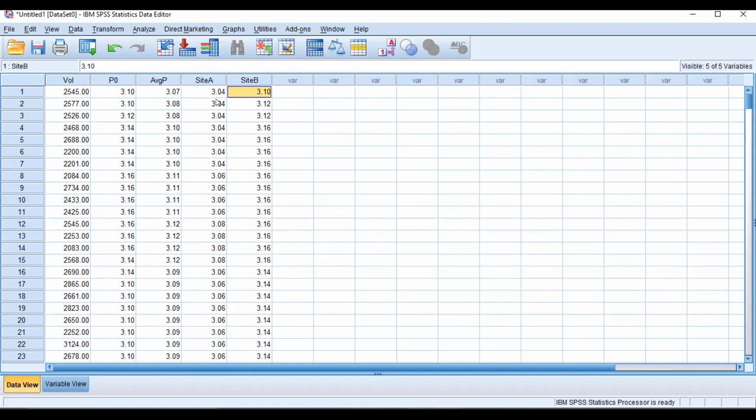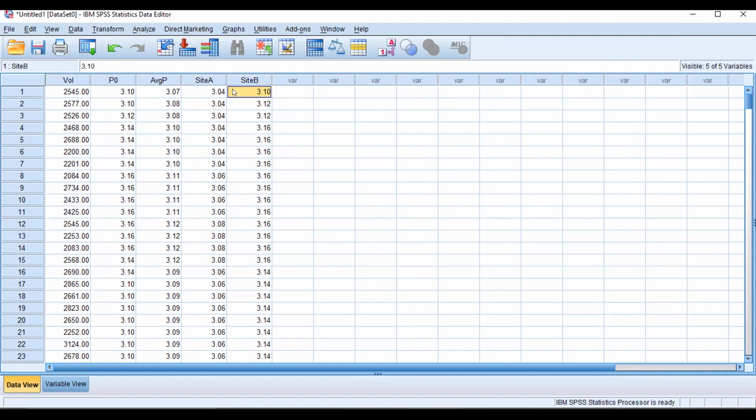So I want to check whether the same company has a similar price strategy or not. In this data set we can do lots of other testing, like regression, whether the sales volume is affected by their pricing strategy and their average pricing strategy.